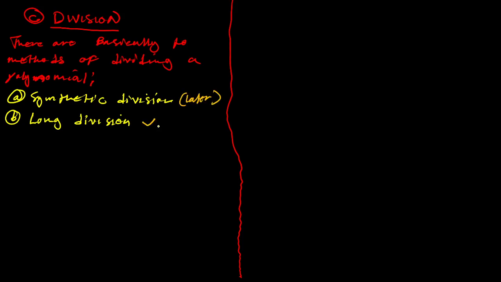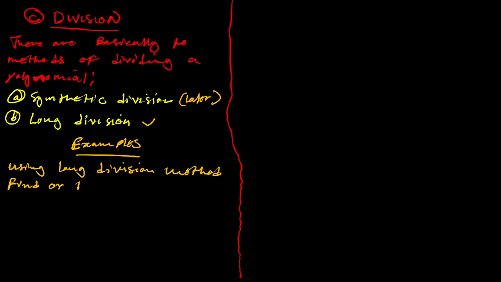So let's quickly look at the examples. This one I'll give 2 examples, then I'll call it a day. So using the long division method, find or divide, let's say we have p of x.